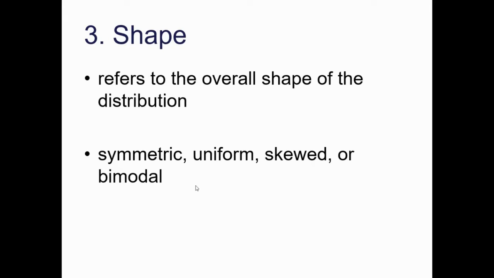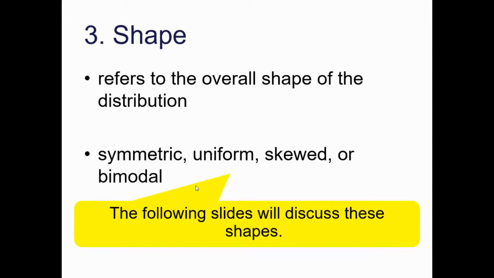Bimodal? Etc. So the next few slides, basically the rest of this class, we're going to talk about shape. We're not going to do that activity at the bottom just because of us having to squeeze everything into 3 days instead of 4. So we're going to have to skip that activity. But let's talk about shape.